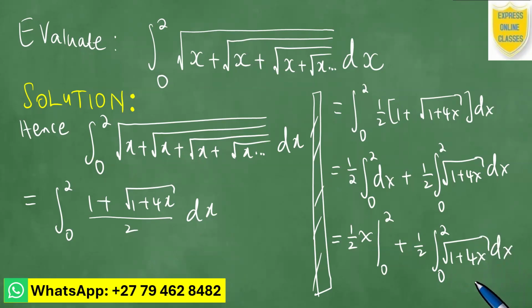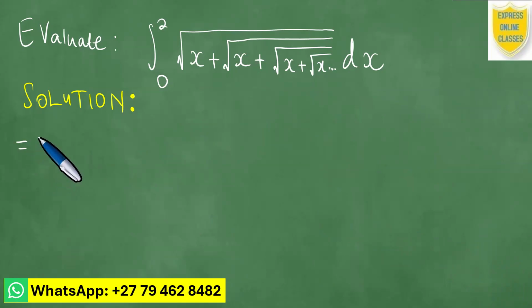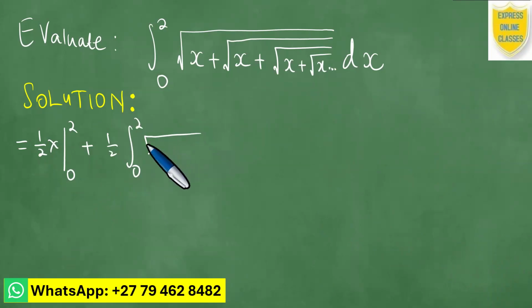Exactly this way. And upon careful observation, we've just got that we have 1/2 here from 0 to 2, and then with 1/2 the integral from 0 to 2 of the square root of 1 plus 4x dx.